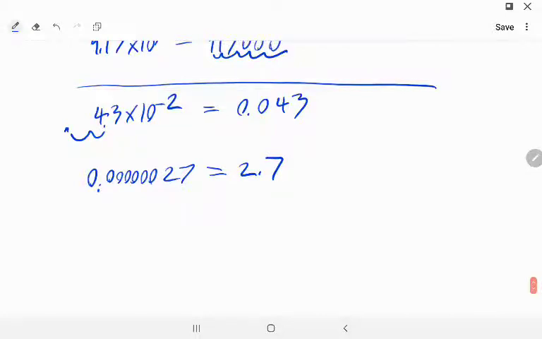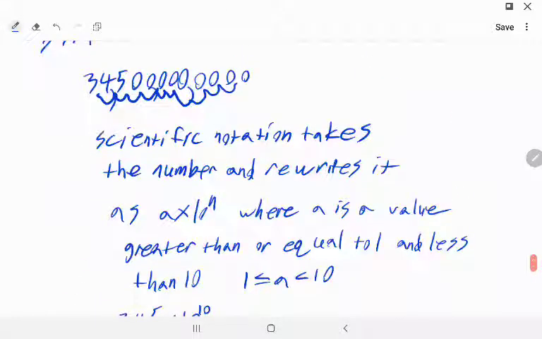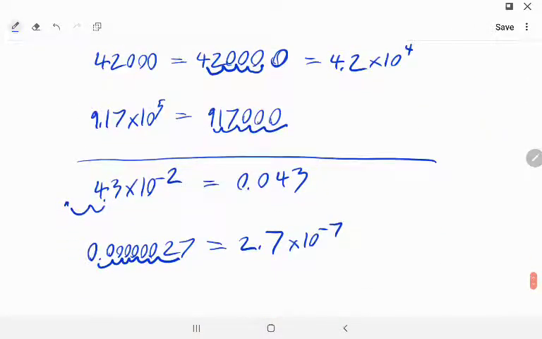So we need to move the decimal point 1, 2, 3, 4, 5, 6, 7 places to the right. And so we're going to say times 10 to the negative 7th. So if we're moving the decimal point to the left, we get a positive exponent. And if we're moving our decimal point to the right, we get a negative exponent.